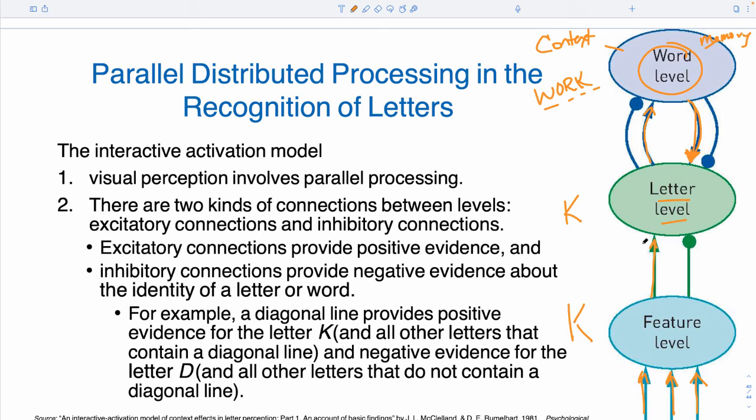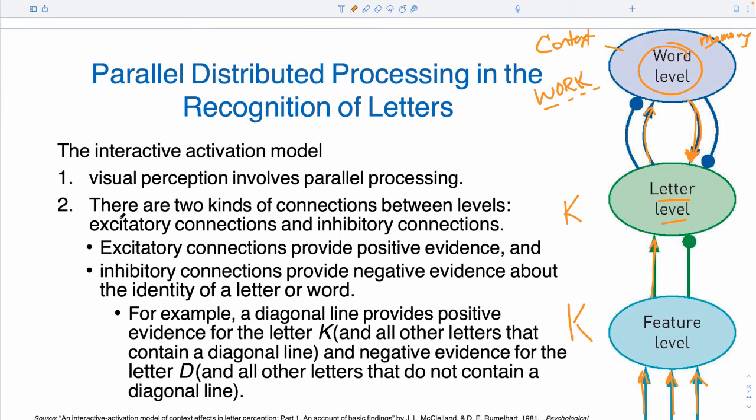So it's a process that involves both this bottom-up processing from the features to the letter to the word, but also this top-down context and memory-driven process where we figure out what the word should be and from that identify what the letters likely are.